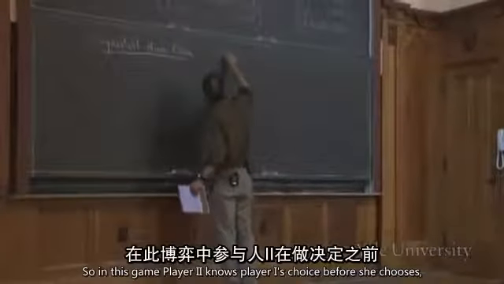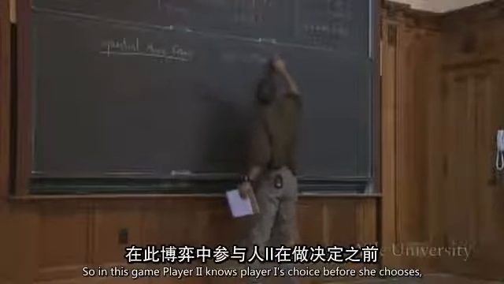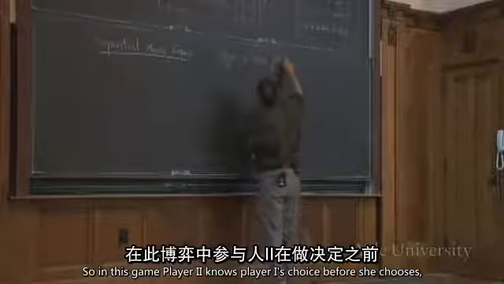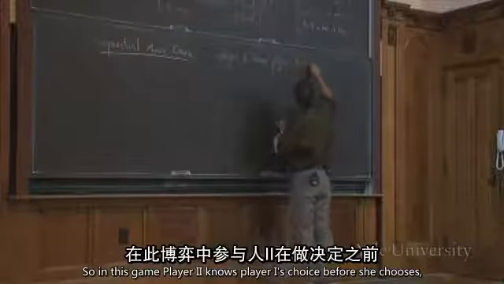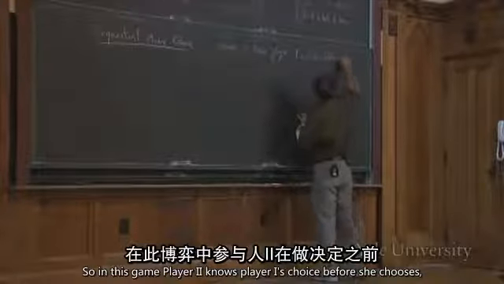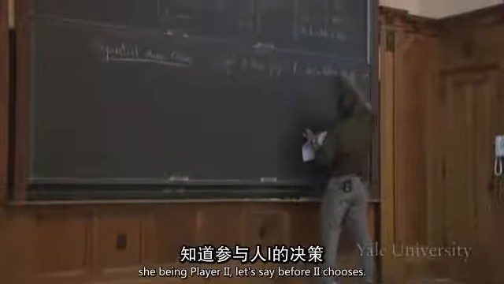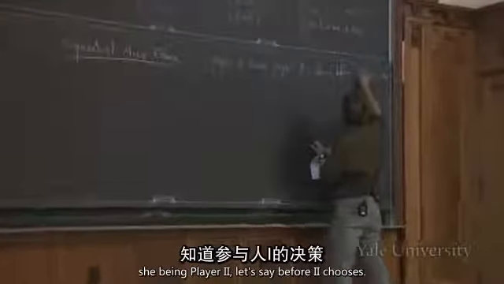So in this game, player 2 knows player 1's choice before she chooses, she being player 2. Let's say before 2 chooses.